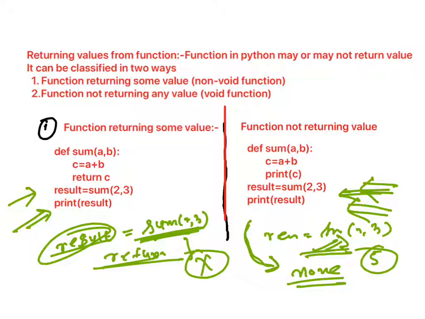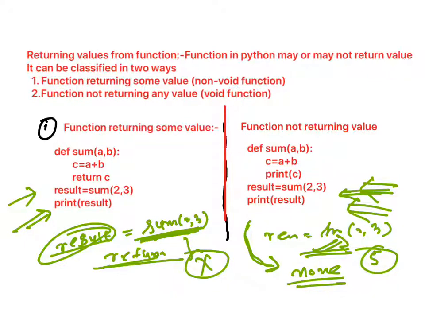So once again, a very simple conclusion. When you are using the return statement, you must call the function in a variable or directly with a print statement. When you are not using the return statement and are directly printing the value there, you can directly call the function without using a variable.